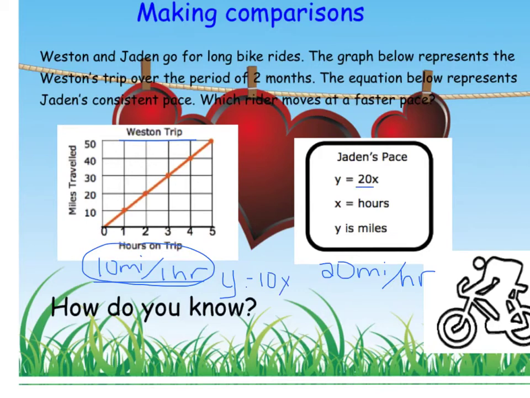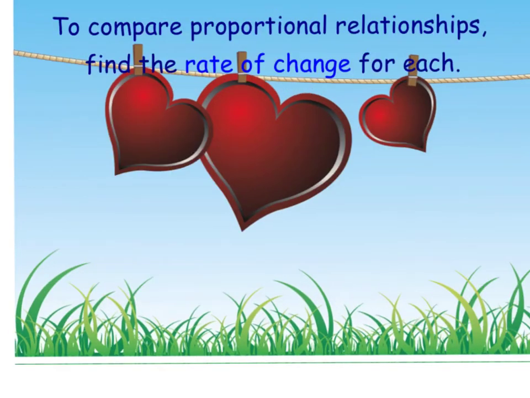And then we compare the rates. Jaden is going at a faster rate, so his pace is faster. So the answer would have been Jaden's pace. So to compare proportional relationships, no matter if it is in a table, a graph, or an equation, we find the rate of change for each and see which one is going faster or slower or is more expensive or less expensive depending on the story.